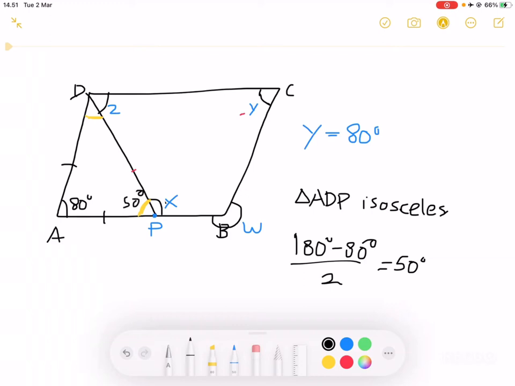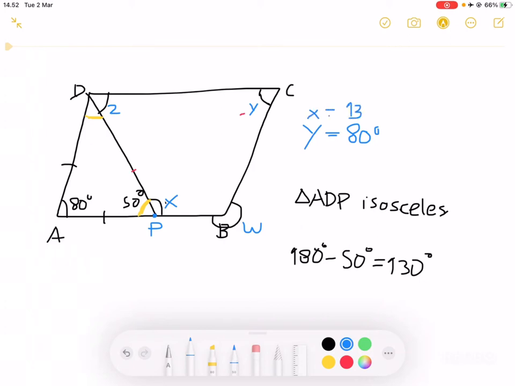From here we can find the value of X, which is just 180 degrees minus 50 degrees, which is 130 degrees. So we've found X, which is 130 degrees.